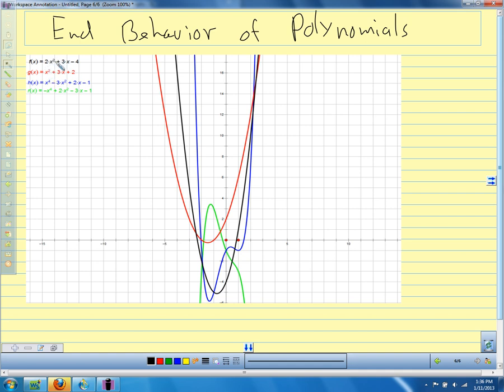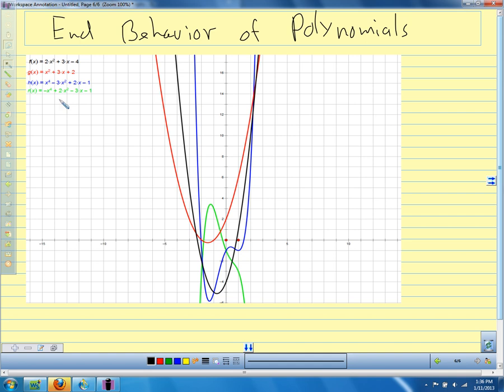So let's look at these functions. This first one in black is 2x squared plus 3x minus 4. So that's just a nice parabola. The second one in red, x squared plus 3x plus 2, is just a shifted parabola. The blue one, x to the 4th minus 3x squared plus 2x minus 1, does a little more complicated thing here. And the green one, we have a minus x to the 4th, so it's flipped upside down.